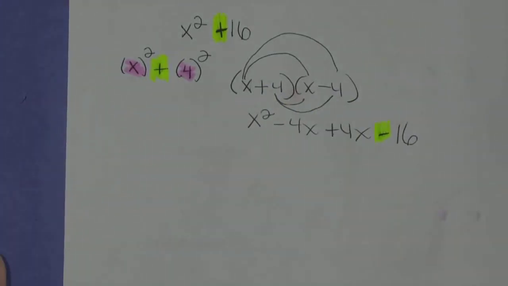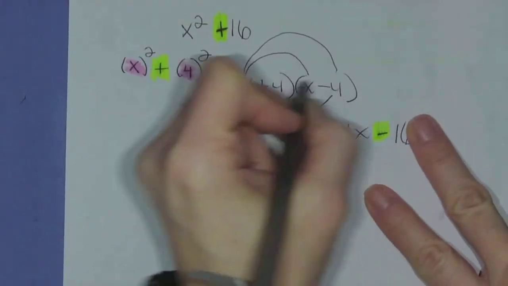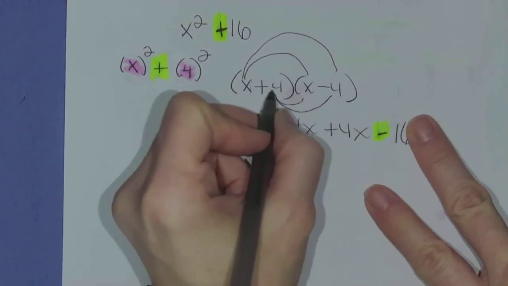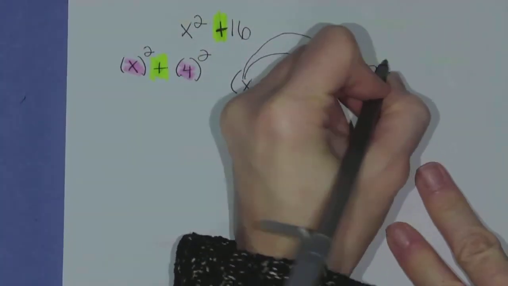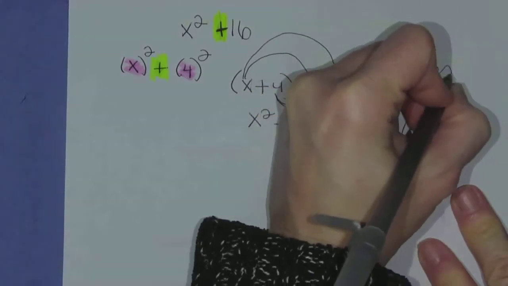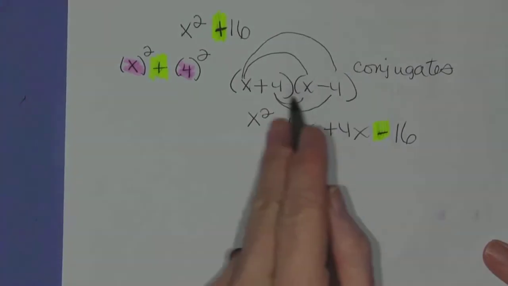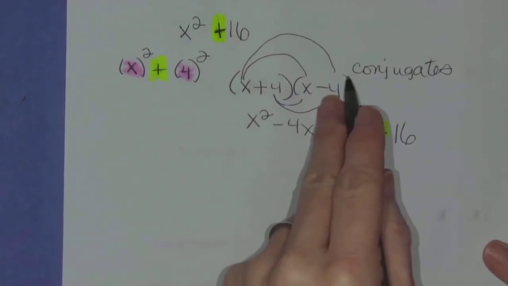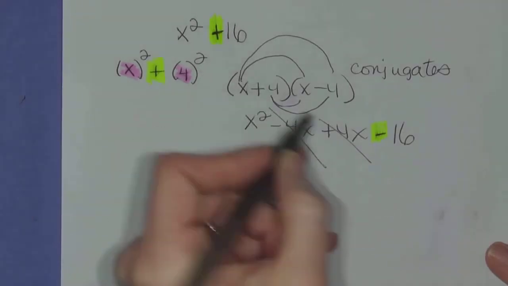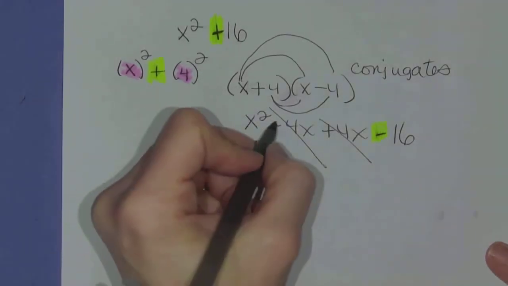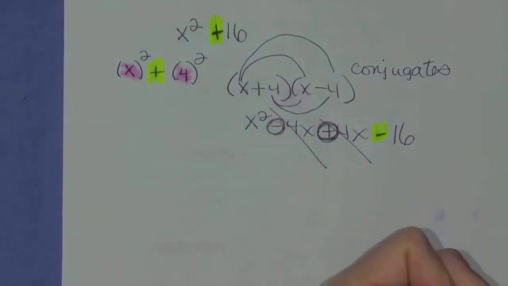Let me give you a vocab lesson here. When you have two binomials that differ only by the middle sign, these are called conjugates. That's just food for thought there. So when you're multiplying two conjugates, the like terms will always drop out, but in order to have them drop out, one has to be negative and one has to be positive.